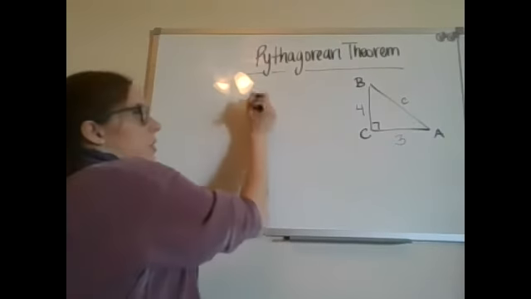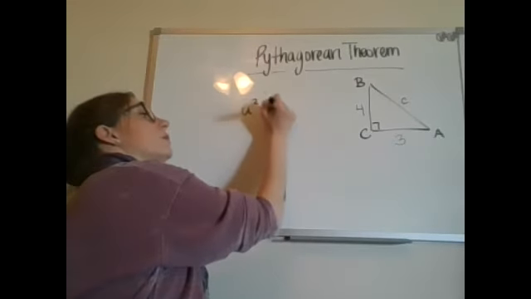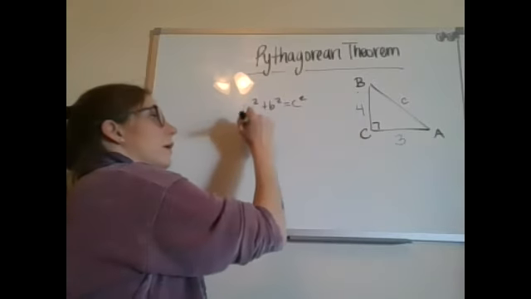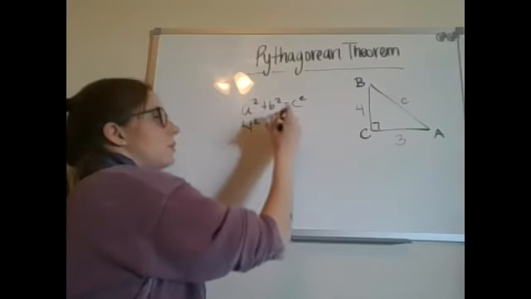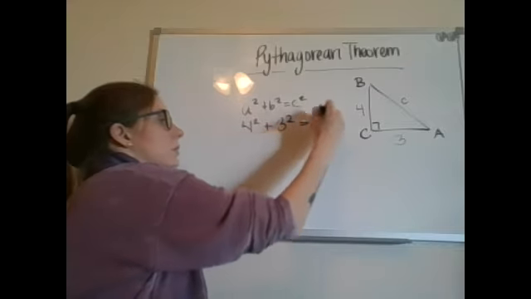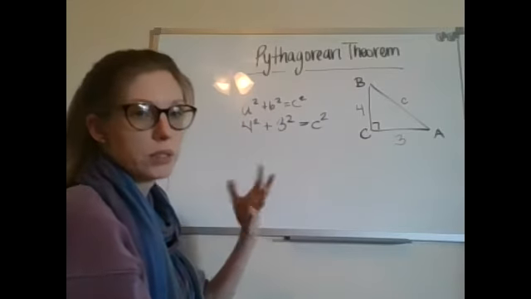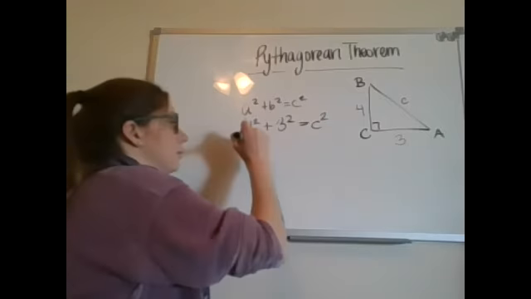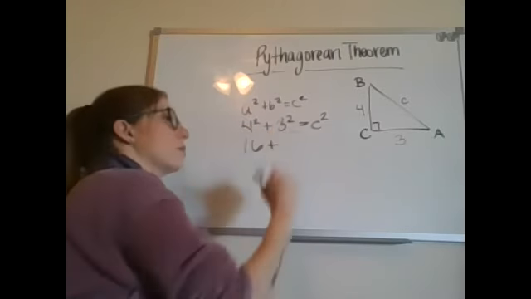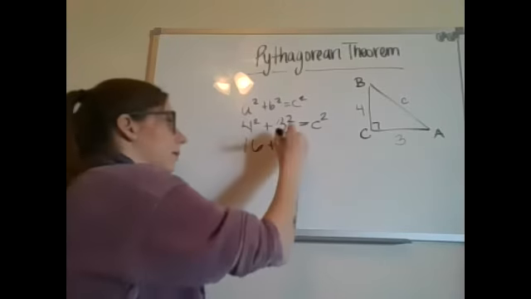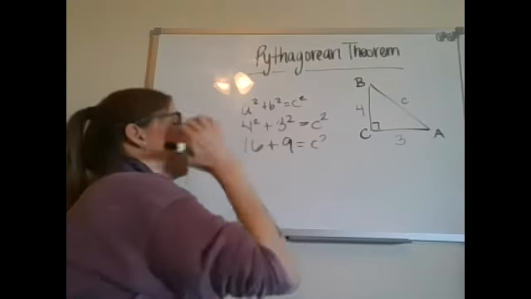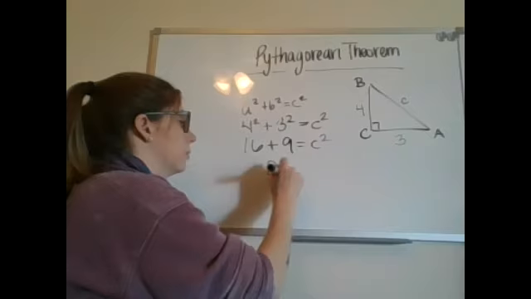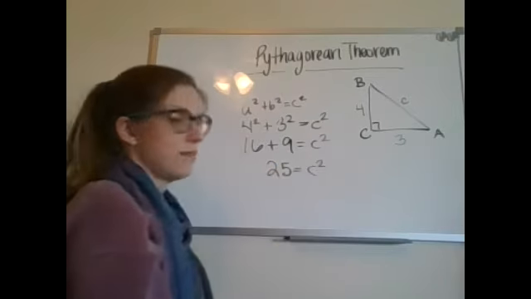Okay, when we start, we know a squared plus b squared equals c squared. So we can say that 4 squared plus 3 squared equals c squared. Remember, square is when you take a number, you multiply it by itself. So 4 squared is 4 times 4 is 16. Plus 3 squared is 3 times 3 is 9. And that's c squared. 16 plus 9 is 25. So 25 equals c squared.